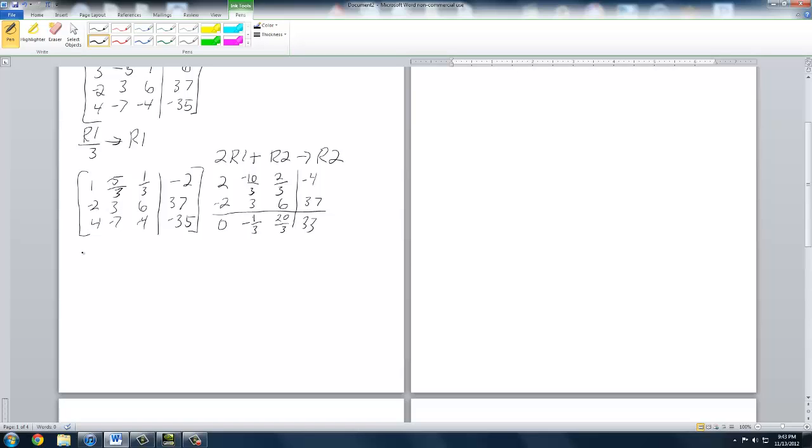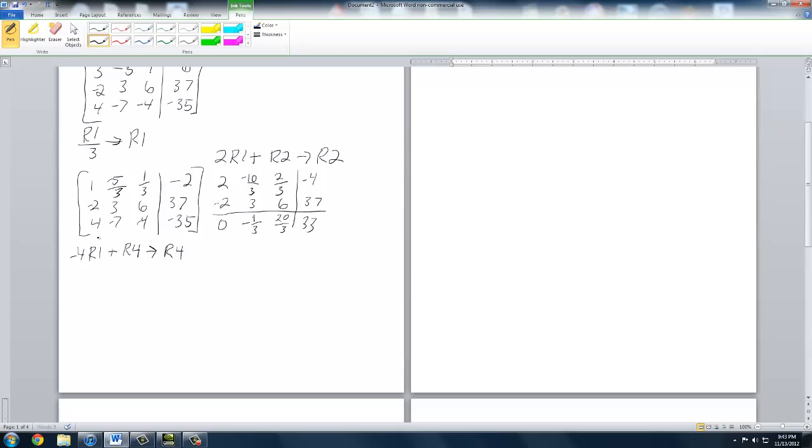So we're going to take negative 4 times row 1, add that to row 3, and that's going to be a new row 3.